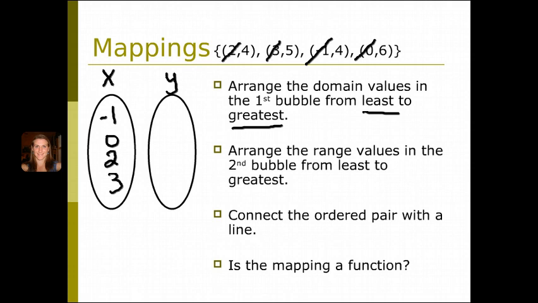So those are all of our x values, and we've arranged those. Now remember, you do not want to have any values repeat. So no values are going to be written more than once.